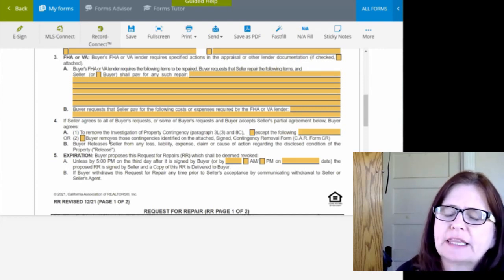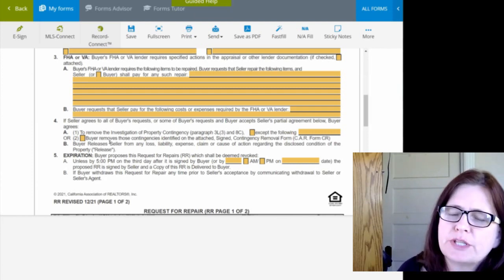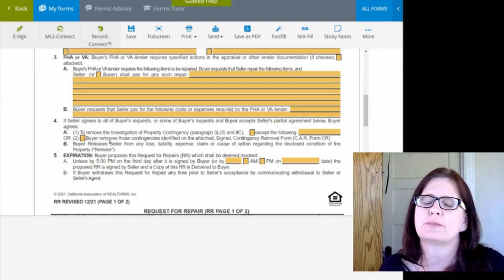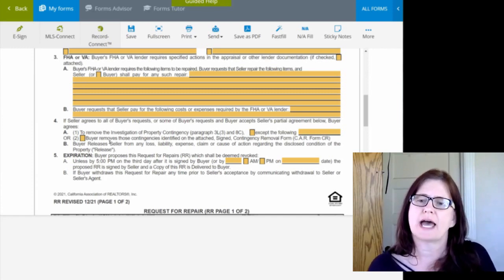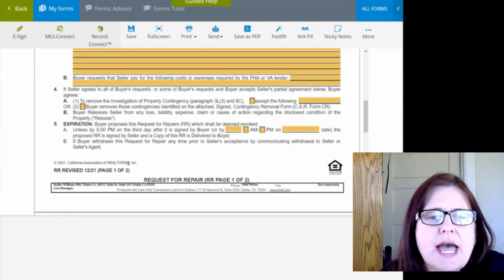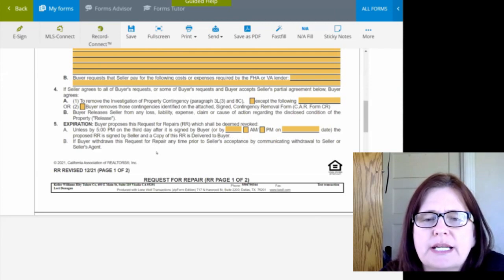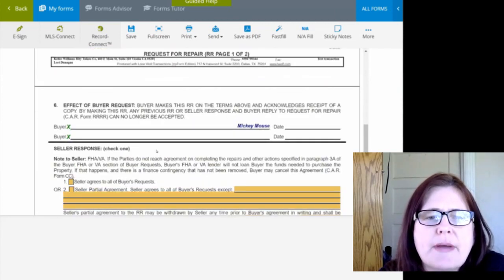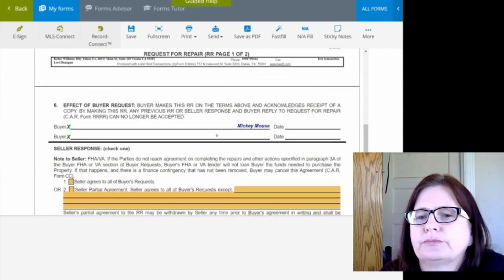Ideally, if you're at the point where you are submitting a request for repairs, you are finished with your inspections, and your buyer should be good to remove them at this point, but just make sure they're aware of what's happening. Then you can put an expiration date. I usually don't put an expiration date. And then the buyer signs here.